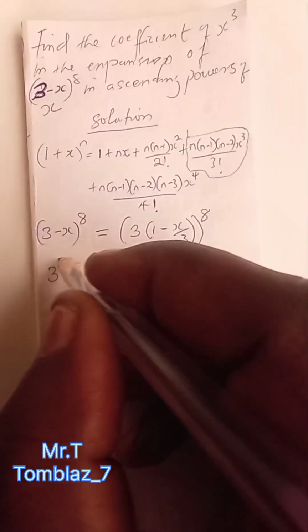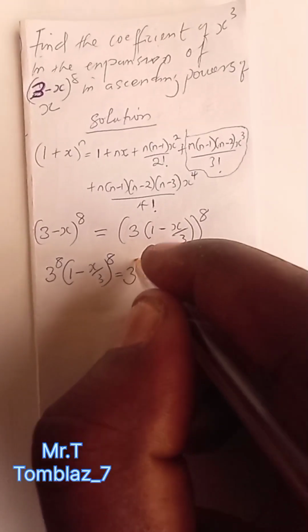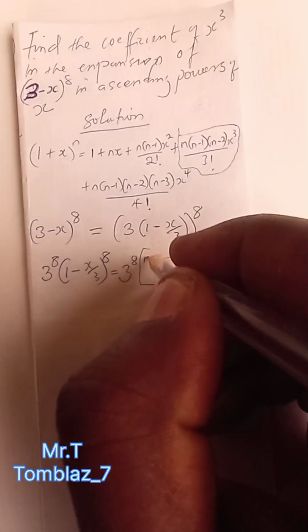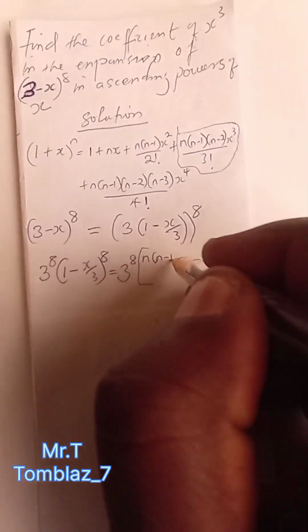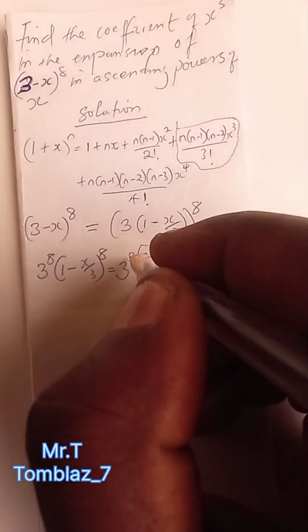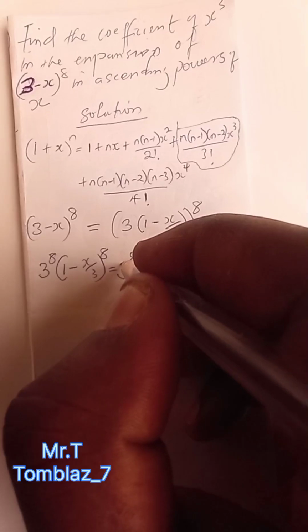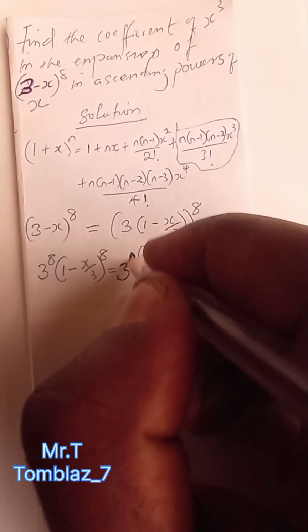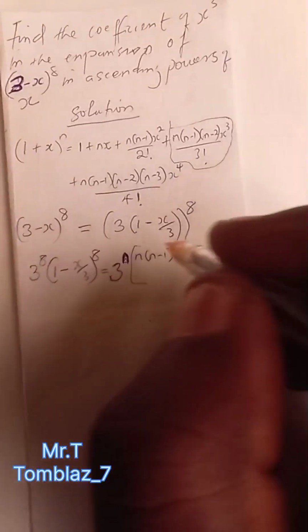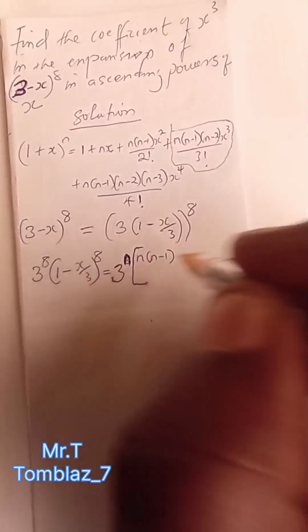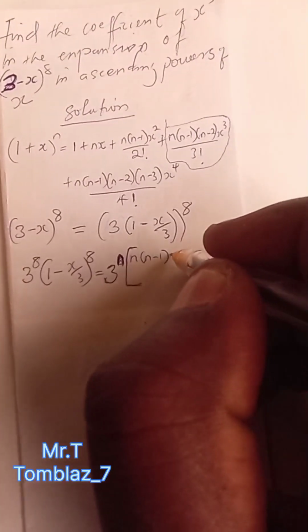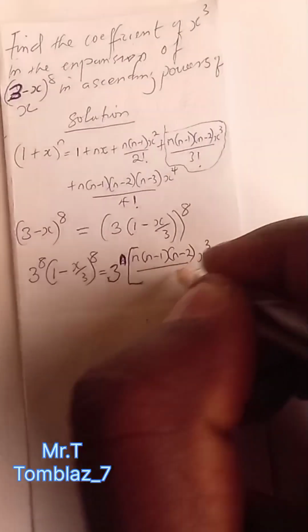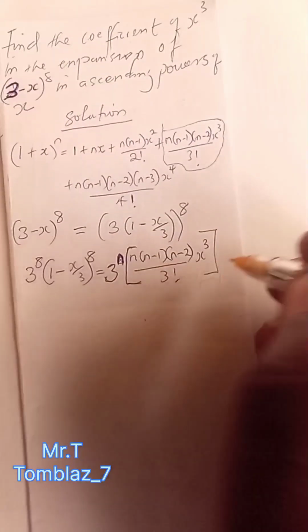Then I'll have 3 raised to the power of 8 into n into n minus 1, n minus 2, x raised to power 3 all over 3 factorial, right?